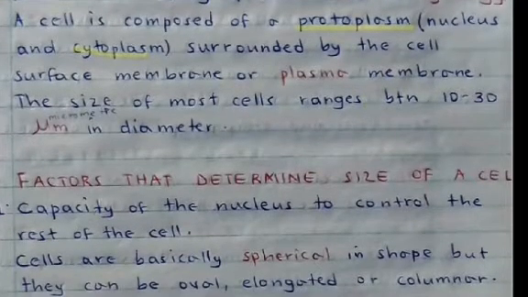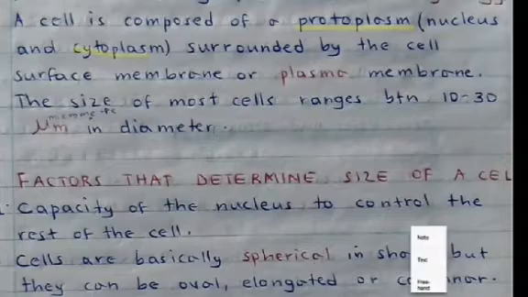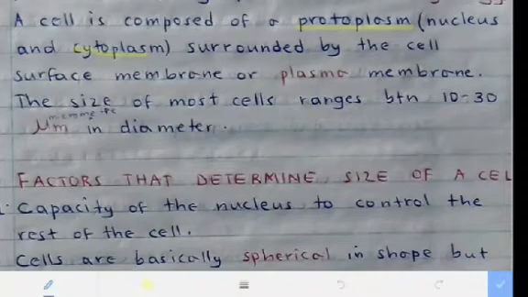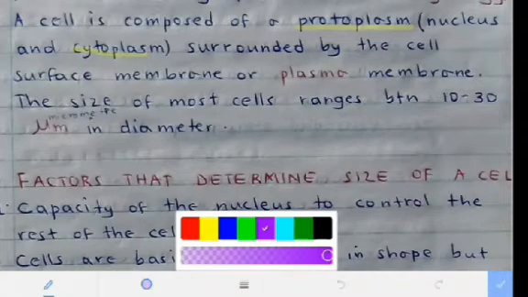Now the size of most cells ranges between 10 to 30 micrometers in diameter. So you can see how small the cell is.